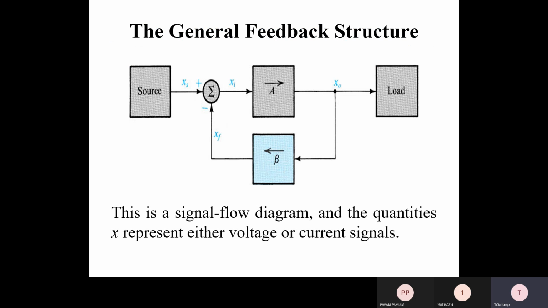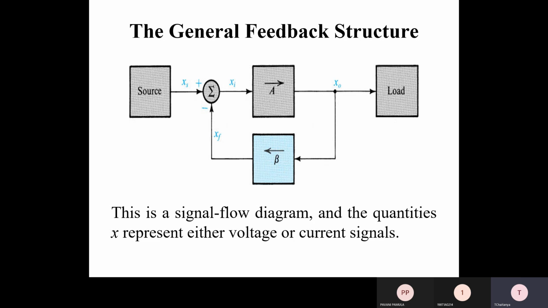See the general feedback structure. Assuming this is the load, the signal xs appears at the summer. From the summer, xi is the output signal, where A is the amplifier section and xo is the output signal which passes through the load. From the load side again we have a path through the factor beta, and this path is considered the feedback path.